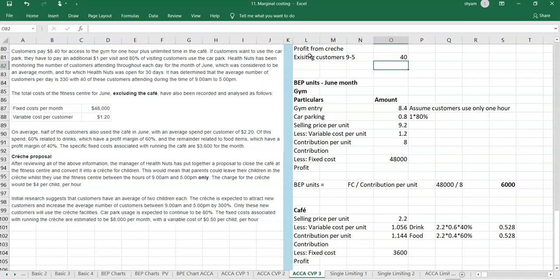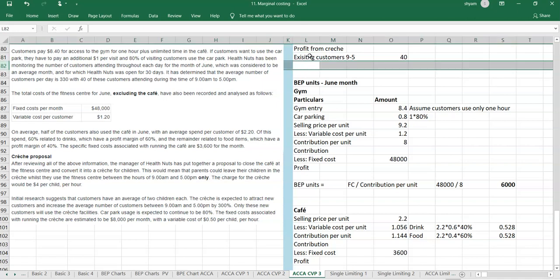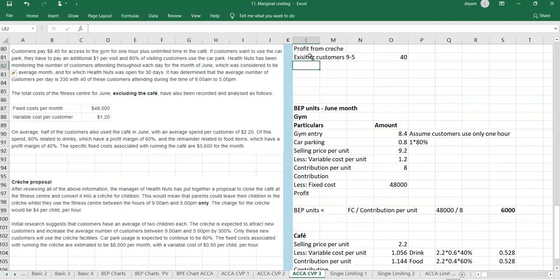How many of them? There are 40, and this number will increase. The increased customers would be 3 times this. So 40 into 300%. So 120 new customers are going to come.